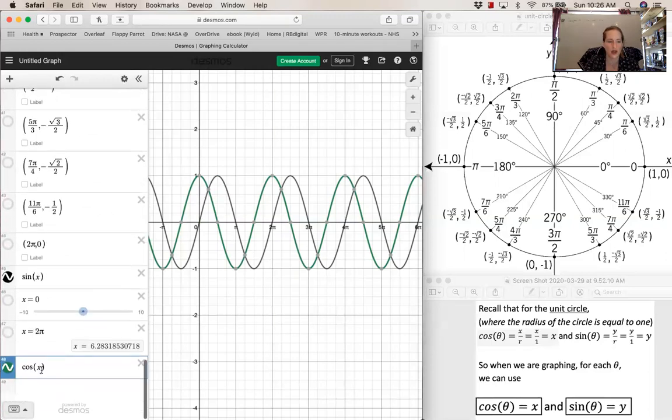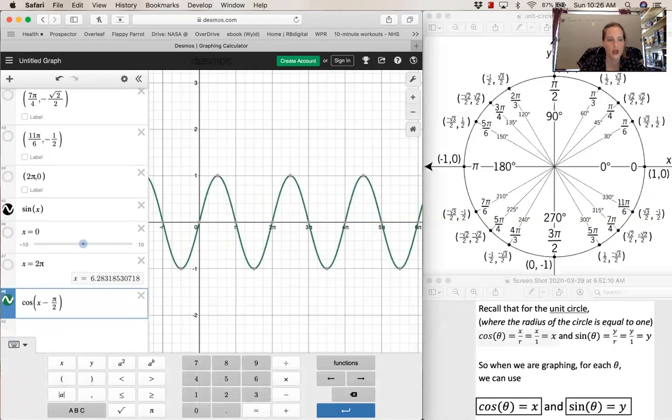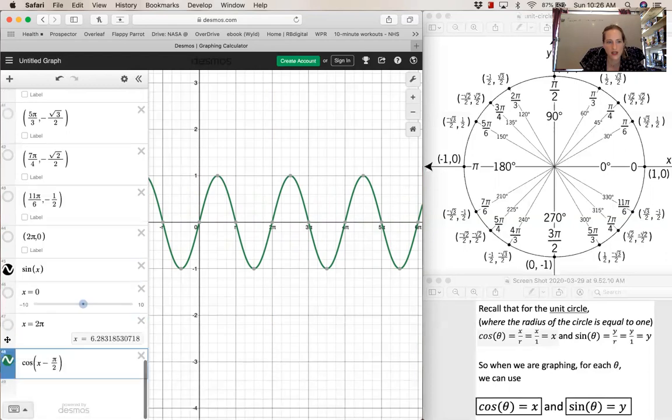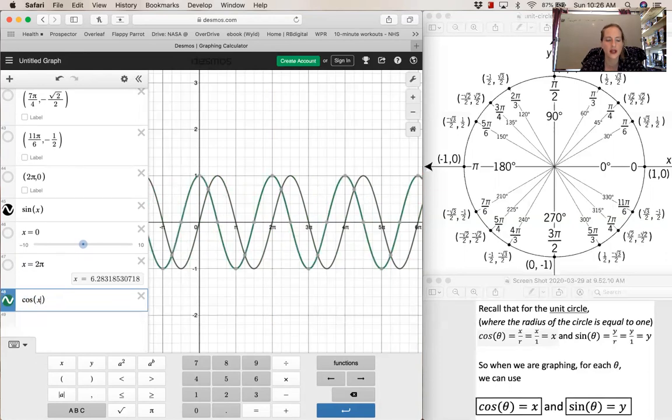And I can actually do that with my graph here. So notice if I move our cosine function pi over 2 units to the left, it's sitting right on top of our sine function there. Now this is involving some horizontal shifting of functions, and we'll talk about that a little bit more. But it's kind of interesting to see the periodic nature and the fact that these two are really closely related. Now some other things to pay attention to.